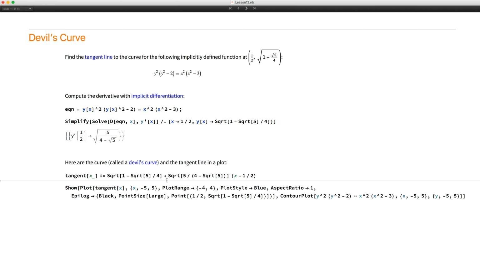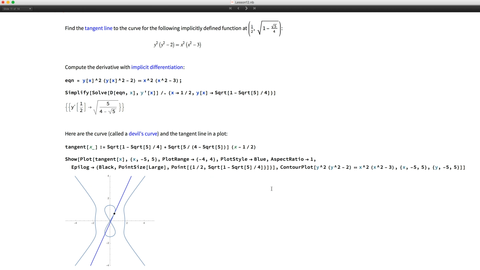So that's the y1, if you like, from your work on straight lines. That's the slope, and that's x minus x1. Okay, and then you plot the tangent and the curve. And notice one thing, that the tangent line at this point might actually pass the curve again, because the curve in this case is like a loop at that location.